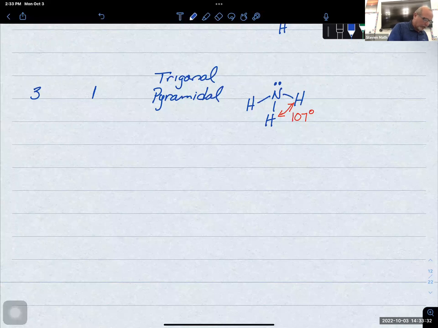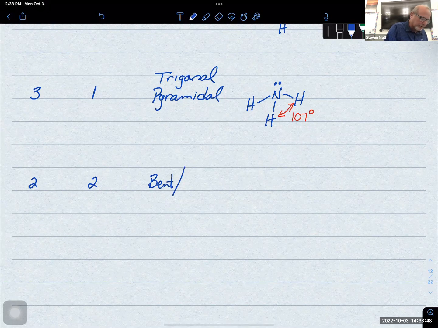We can then go, give myself a little bit of room, to 2 bonds and 2 lone pairs. And that's going to be what's called bent, or another word that's sometimes used for bent is angular. And the best example I can give you is water.